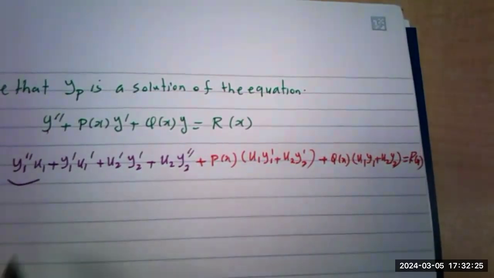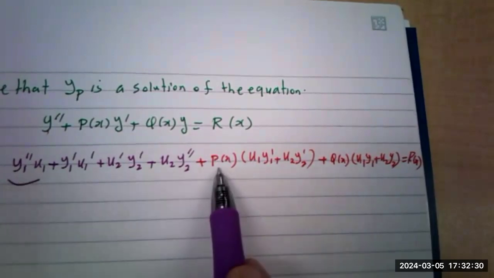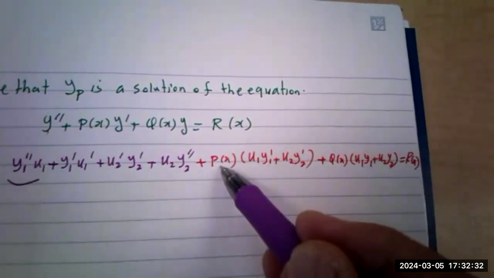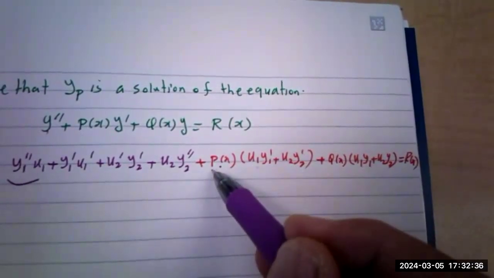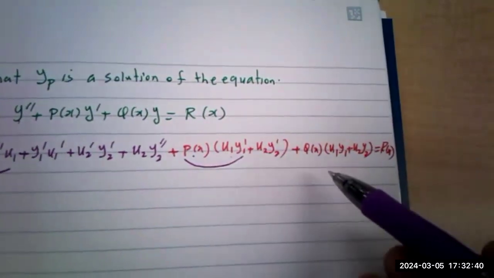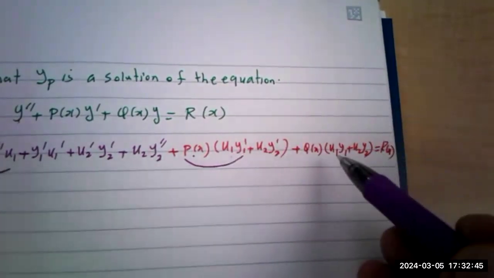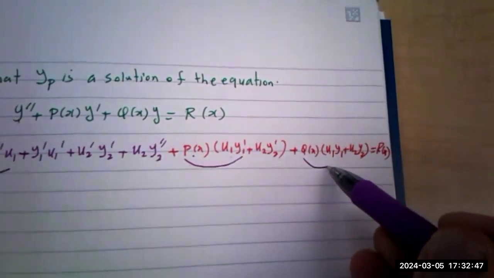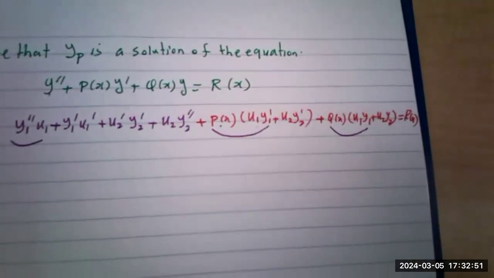Okay, so I need y1 prime u1. You see p(x), and this is y1 prime. So I put these two together. Then I need something for the q: q(x) y1 u1. Just put these three terms together.